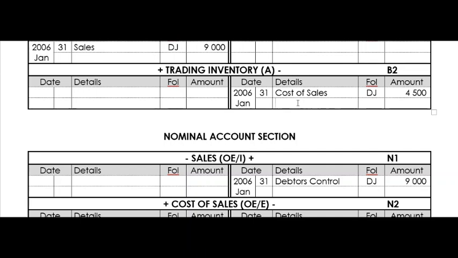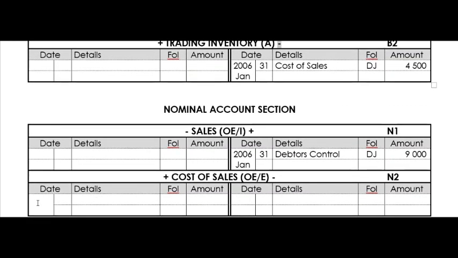And actually the cost of this sale is that the customer walks out of our store with a product. In other words, after this sale or after these 5 transactions that we recorded in the DJ, we've got 4,500 Rand less worth of products in our store. Okay, so that's why it goes to the credit side.